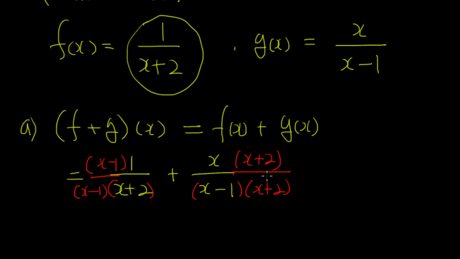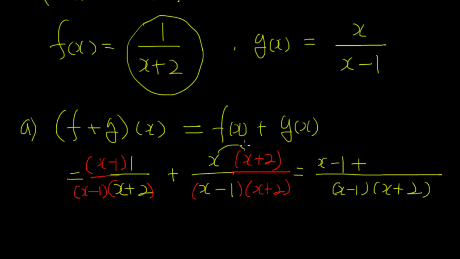Now, if we do that, then we have the common denominator, which is x minus 1, x plus 2, like this. And I'm going to put this one in here. Well, this is just x minus 1 times 1. No change.